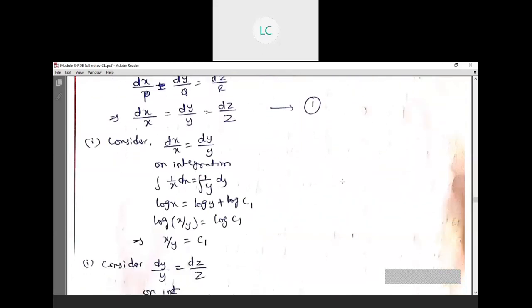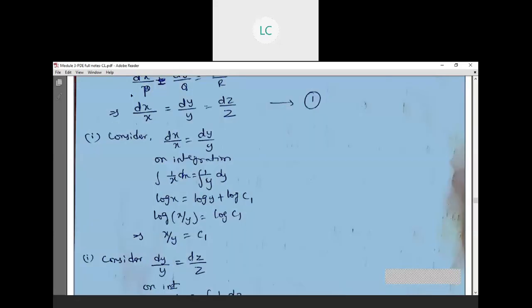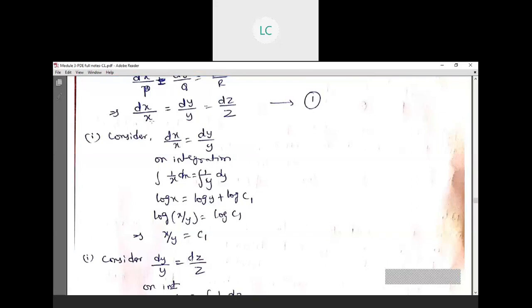How to choose the suitable pair? See here, we are choosing pairs to integrate. Keep this in mind: to integrate only we are choosing the pair. To integrate, it should be in variable separable form. Then only we can integrate.